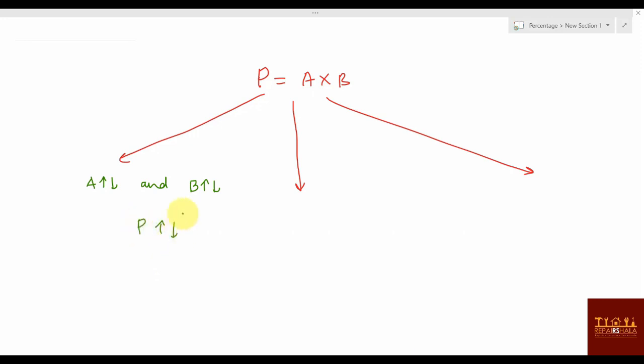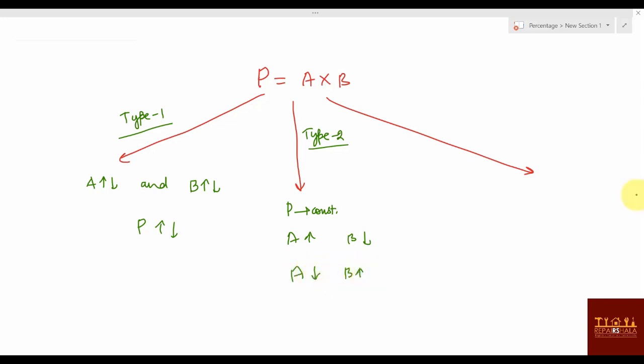Then type 2: P will be constant. If P is constant, then if A is increasing, B will be reduced. Yes or no? And if A is reducing, B will be increased.